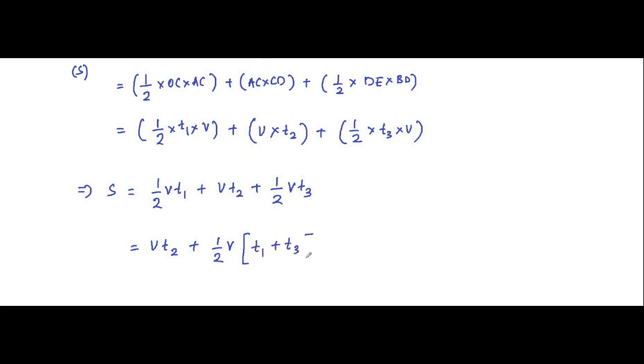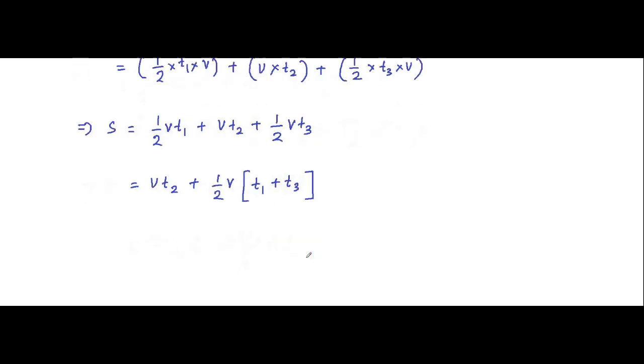Now we are bringing this V to the LHS side in the denominator, which is nothing but T2 plus 1/2 into T1 plus T3. Up to this it is clear.